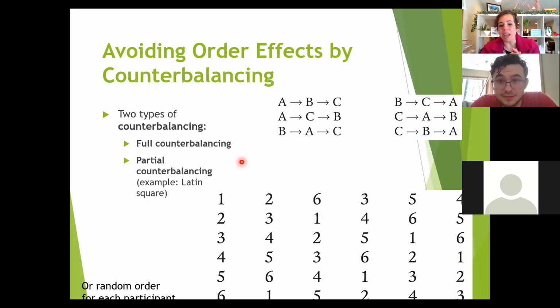You could also do a partial counterbalancing, and then you do a random assignment for each participant, right? So when only some of the possible conditions are used, then you are just randomly assigning participants to one or the other. So that is the way you avoid order effects.